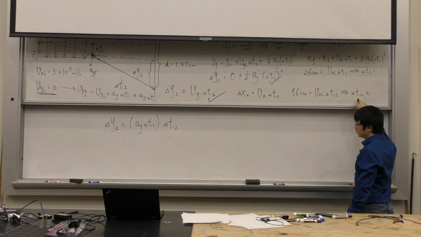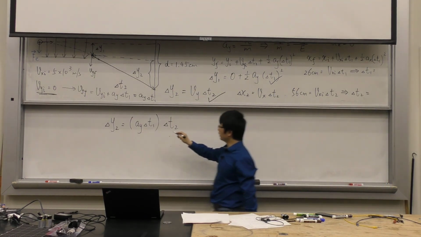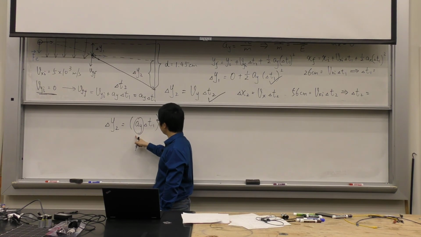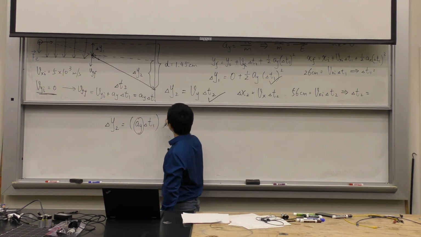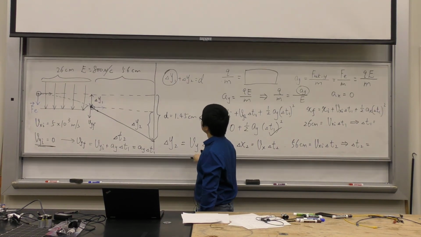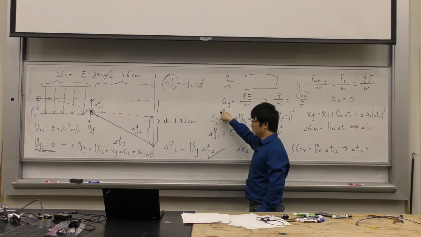T2 we can find here, delta t1 we can find here. So the only thing we need in this is Ay. So if I want to find delta y2, I need Ay. But wait a minute, I need this delta y2 to find delta y1 and then find Ay. Okay, so this is back to what I'm missing.